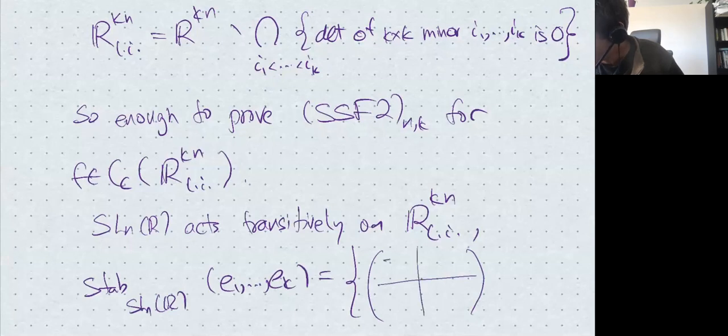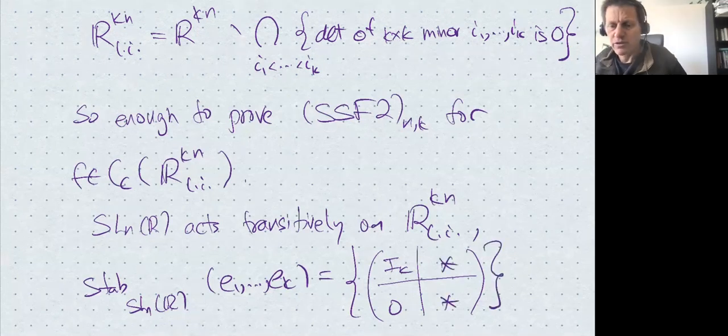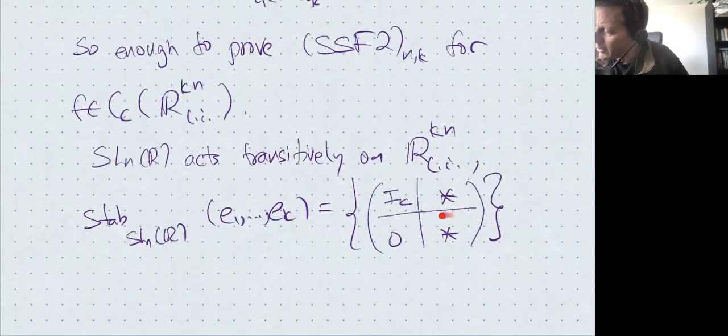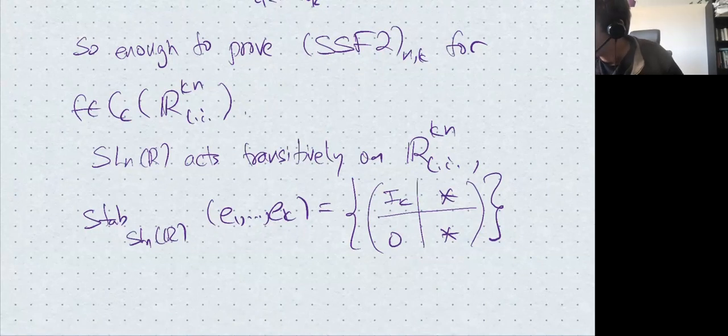Here you have the identity matrix of size k, and here you have zeros. That's because you're mapping e1 to e1, e2 to e2, etc. by linear transformations, and here you have just anything else, as long as the determinant of the block down here is 1, in order for the entire determinant to be equal to 1. So that's the stabilizer group.